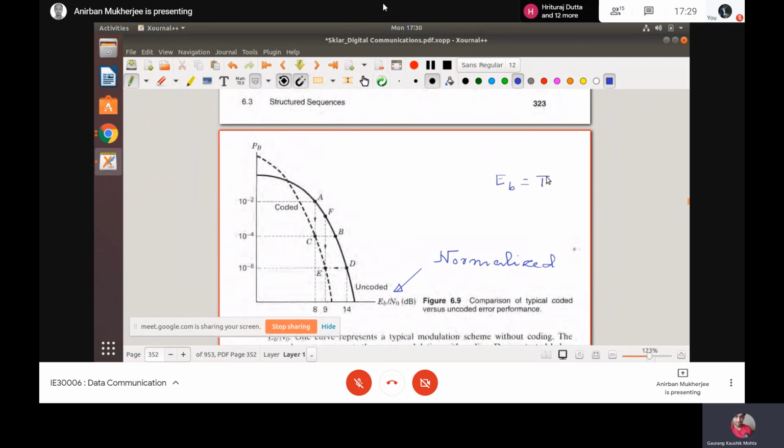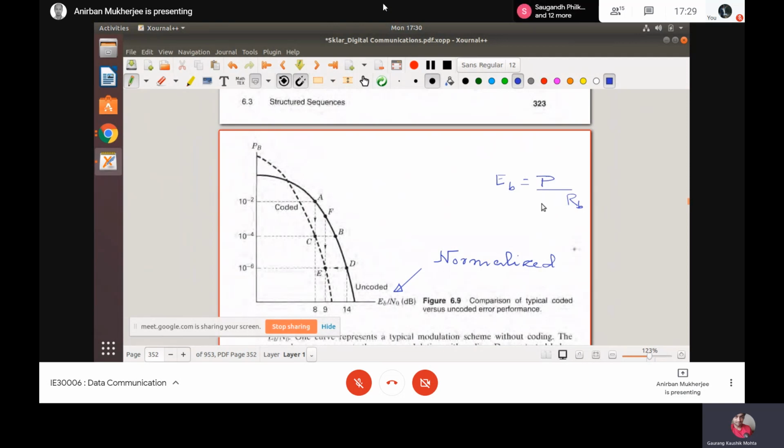EB is the bit energy, which means EB equals PB into TB, power into TB. TB means 1 by RB. Now this is N0.